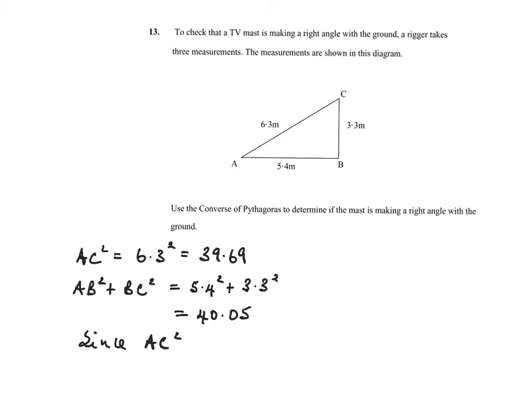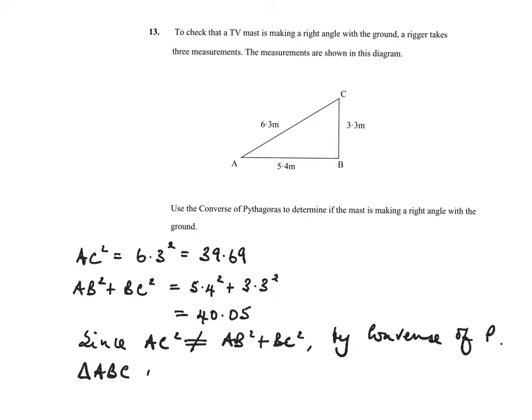Now, since AC squared does not equal AB squared plus BC squared, by the converse of Pythagoras, the triangle is not right angled. That's the first part.